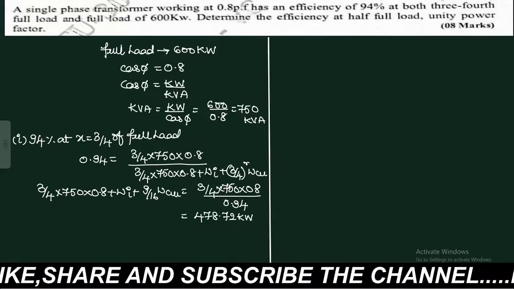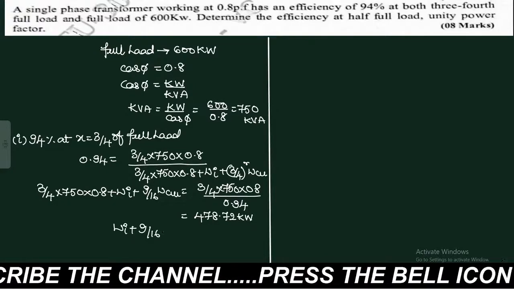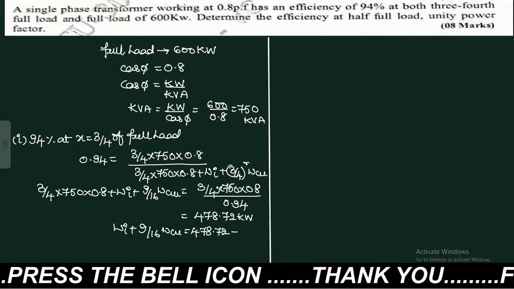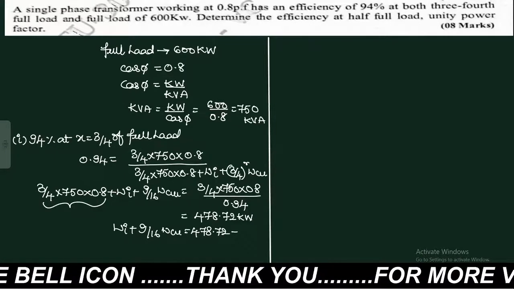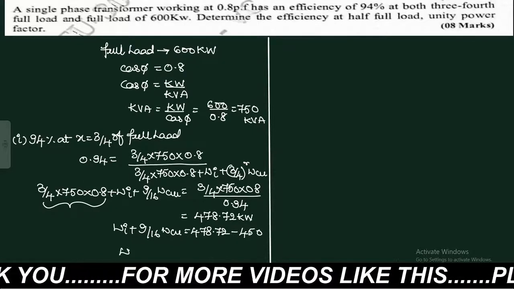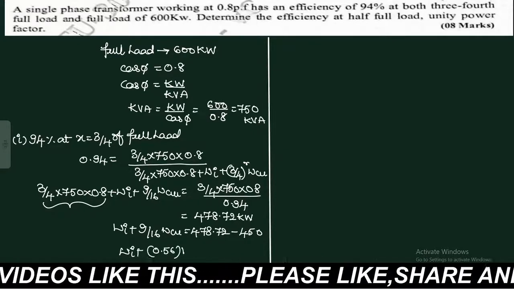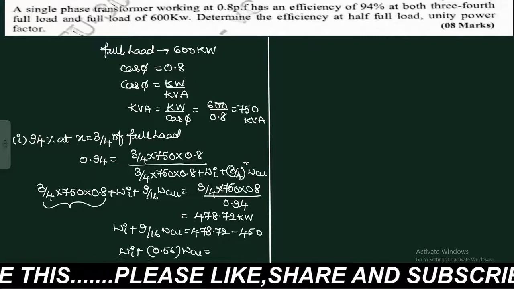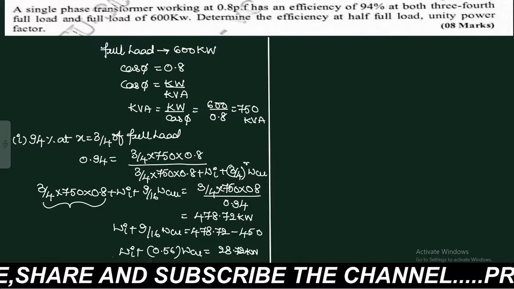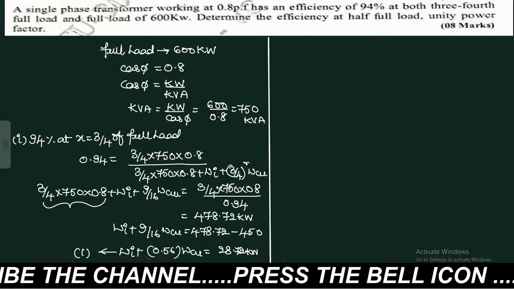So Wi plus 9/16 WCU equals 478.72. Subtract the 450 from it, and Wi plus 9/16, which can be written as 0.56, into WCU equals finally 28.72 kilowatts. That is the total losses from the first given information. Take it as the first equation.